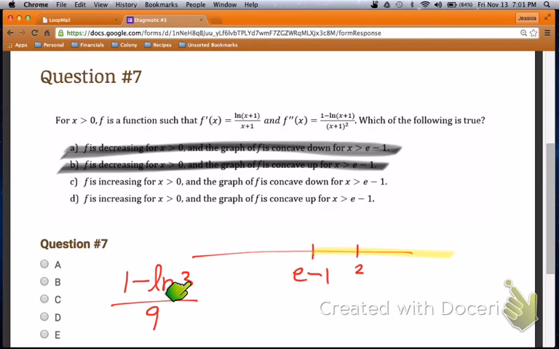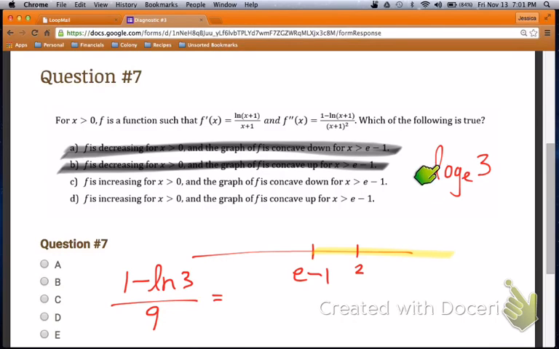And 1 minus ln of 3, well, I know that when I plug in ln of 3, I'm getting a number that is bigger than 1. The reason I know that, by the way, in case you were wondering how I knew that without a calculator, is that ln is log base e.